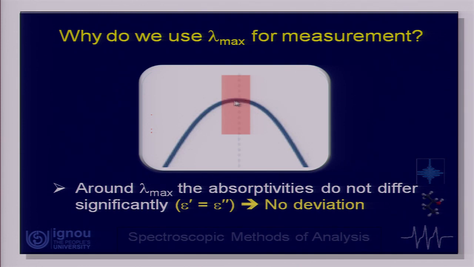We find that the absorptivities at these three wavelengths are not much different. As against that, suppose I had 109 here and 110 here, so the two will differ significantly. So, what is recommended is that for all measurements using UV visible spectrometry to quantify an analyte, we must use the lambda max values.